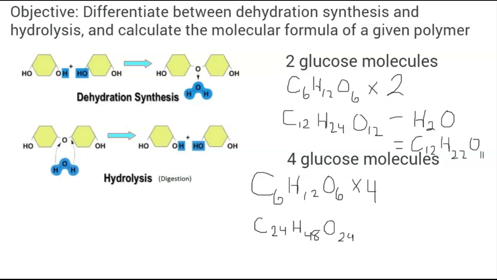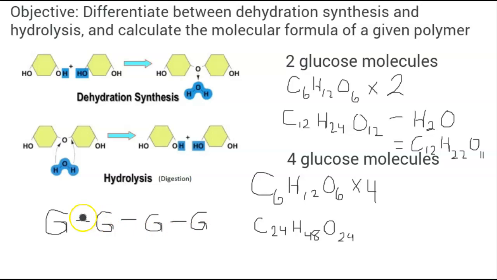If you think about how many water molecules you need to take out, I'm just going to put a glucose molecule here. We need to bond that, so we've got 4 of them. Sometimes this is just helpful to do so that you remember. A lot of students will say, well, I have 4 glucose molecules, so I need to take out 4 water molecules. However, the water molecule comes out when you create the bond.